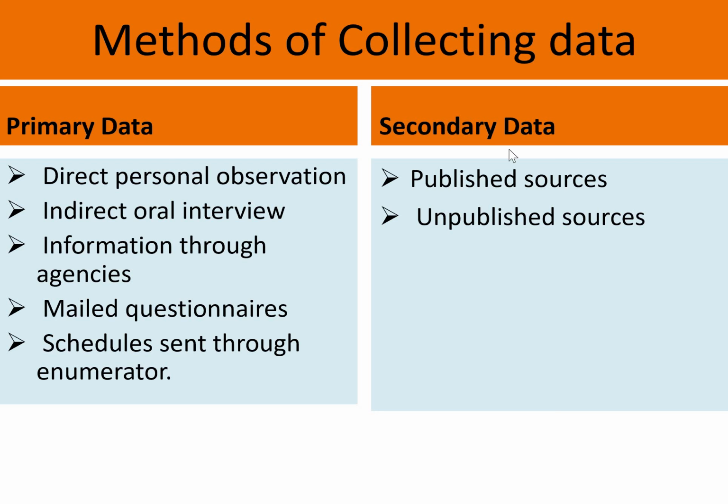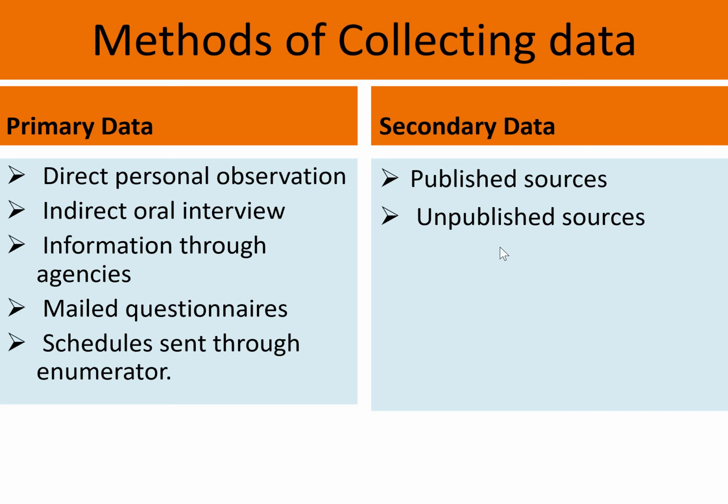Secondary data we get through published sources and unpublished sources. Published sources are like UNO, IBRD, IMF, which are international organizations that publish data.